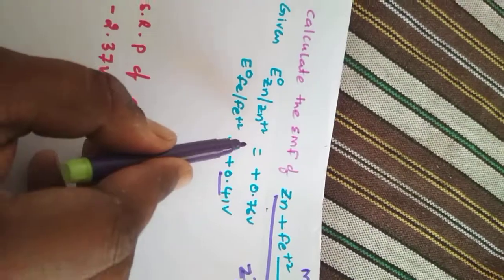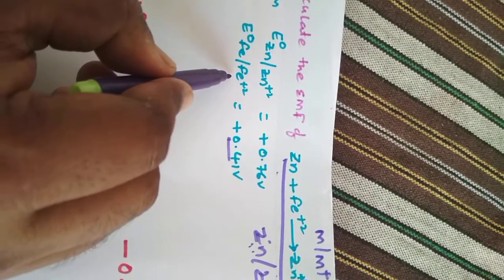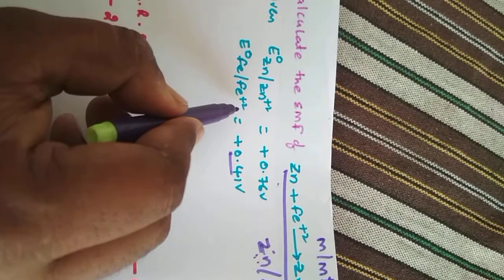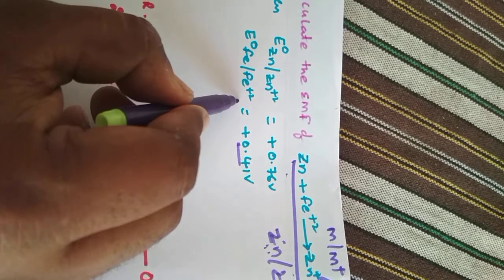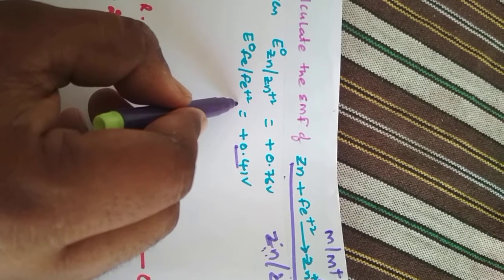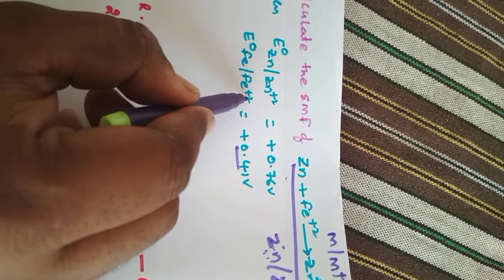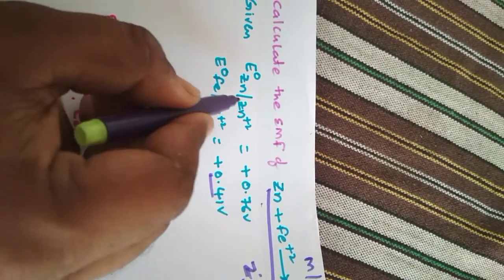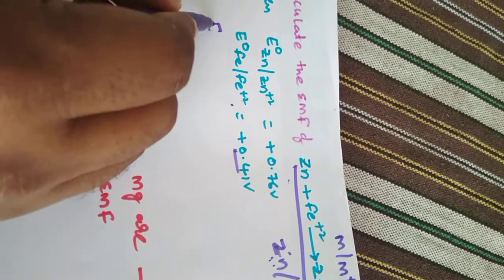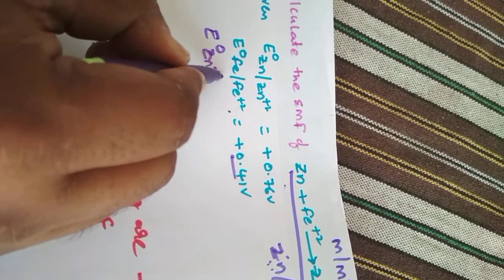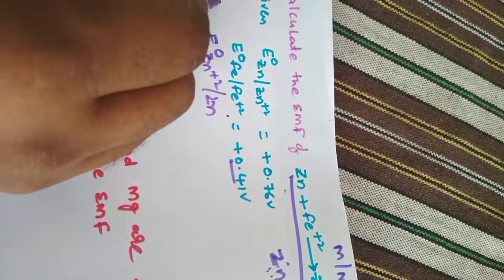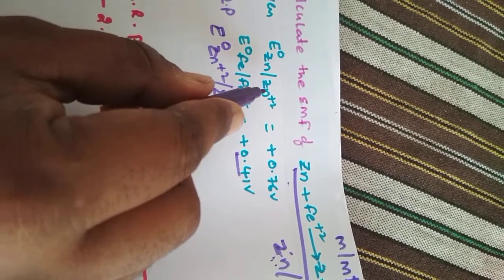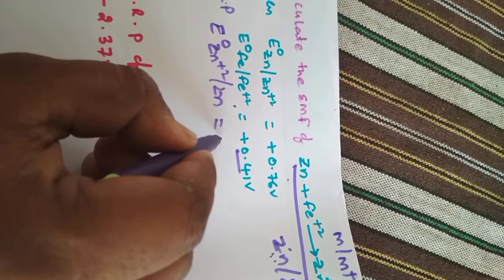Now look at the values. Here two values are given for zinc and iron. These two values are oxidation potential values. So we have to convert these oxidation potential values into reduction potential values. First, E naught Zn plus 2 by Zn SRP: to convert oxidation potential into reduction potential, we just have to change the sign.